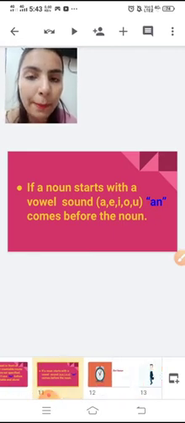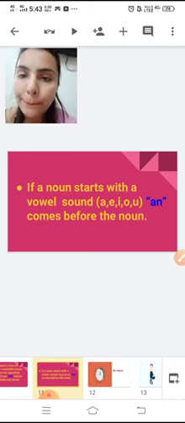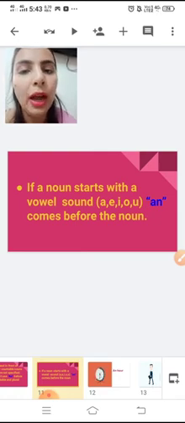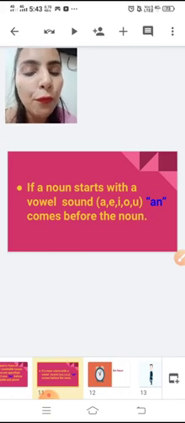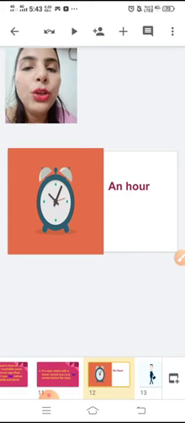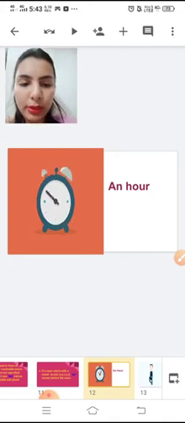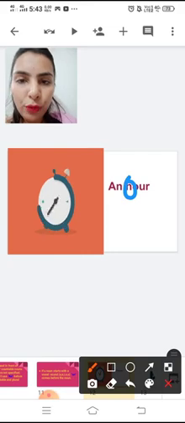Let's see some examples. These are examples in which an is used, but the words don't have a vowel as the first letter; in the pronunciation, we use the sound of a vowel, like an hour. The word starts with the letter H, but H is not a vowel.